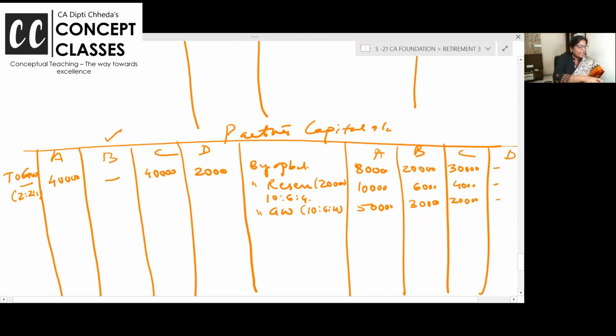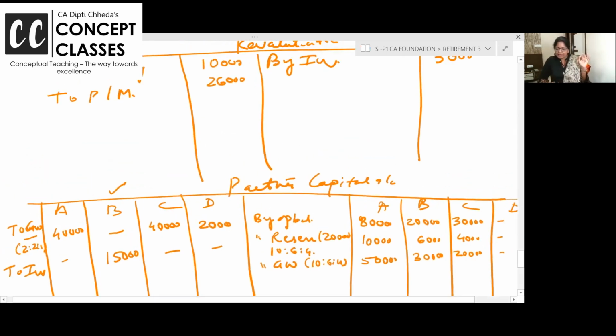Who is taking the investment? B. 15,000 to investment. Any doubt? Anyone needs journal entry?